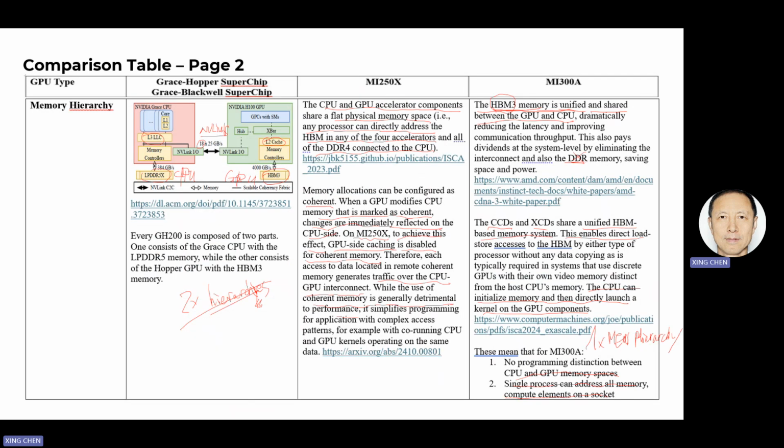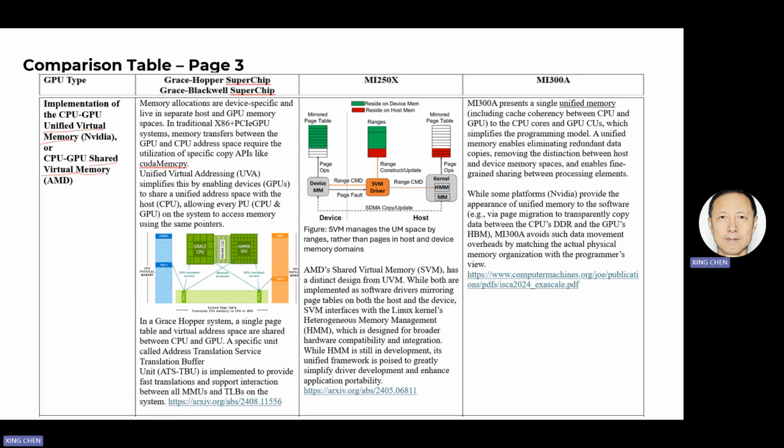From the point of view of memory hierarchy, you have two memory hierarchies. One is the CPU part, and another is the GPU part. At the hardware level, the cache level, you have two memory hierarchies.